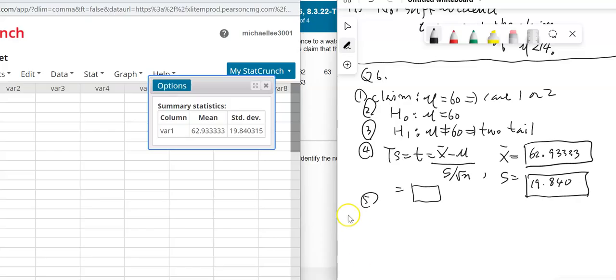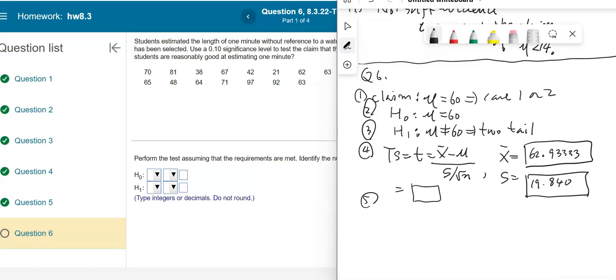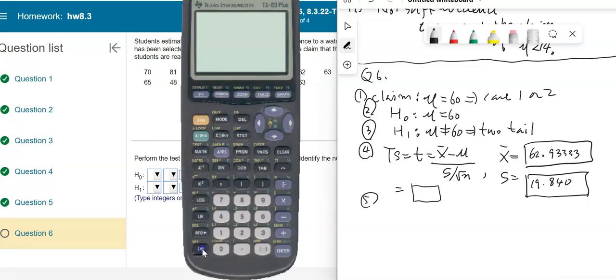So I'm going to use my calculator. Okay, turn it on. Clear. Stats. T test. Now put everything there.